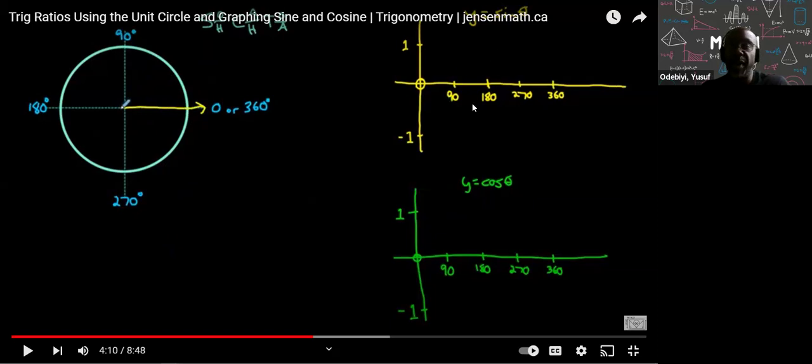Over here in this graph, we have numbers; these are the angles 90, 180, 270, 360. These are angles on the x-axis, and on the y-axis it's your unit circle value. Our highest number is 1 and our lowest number is -1.